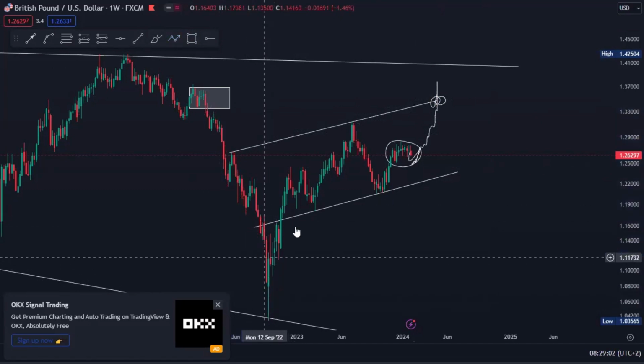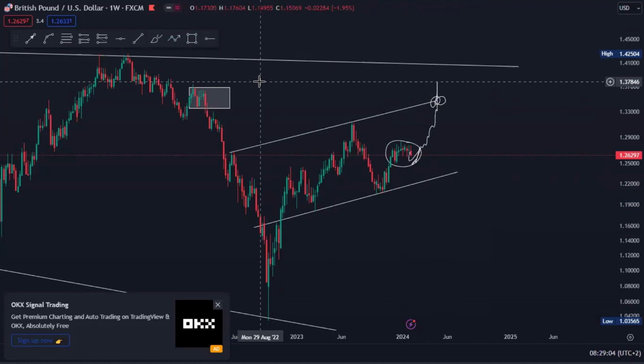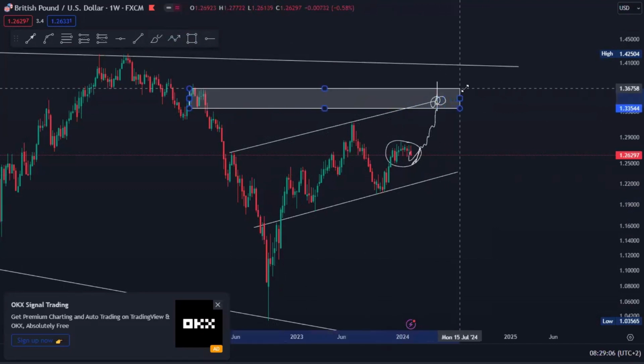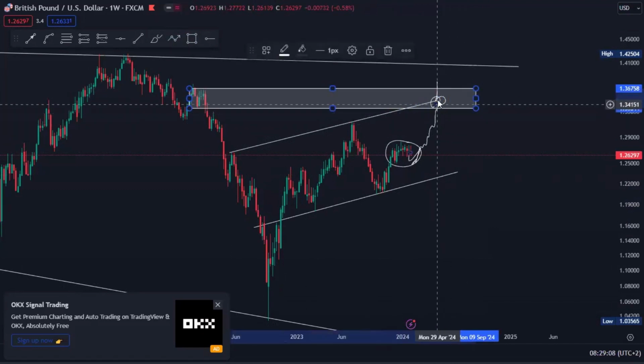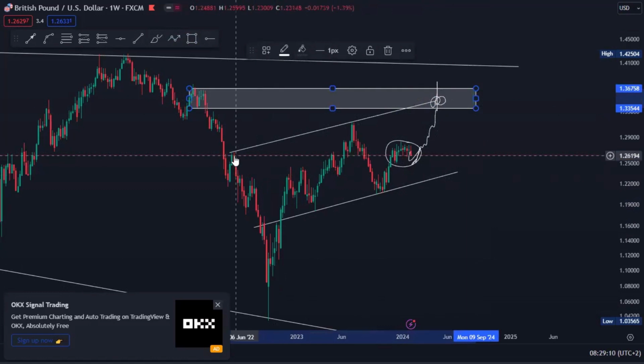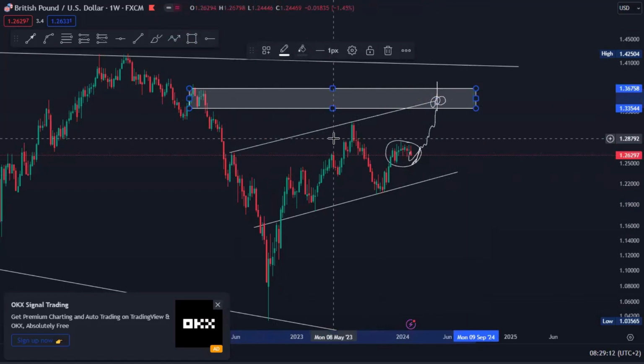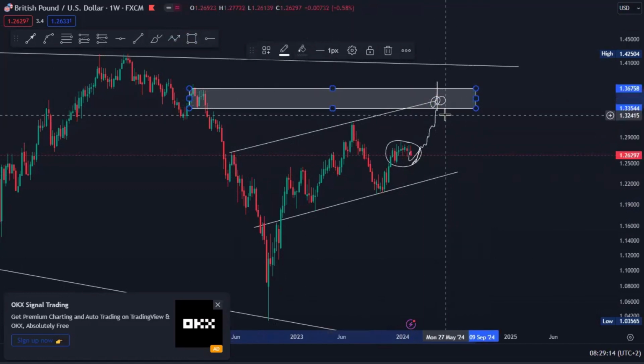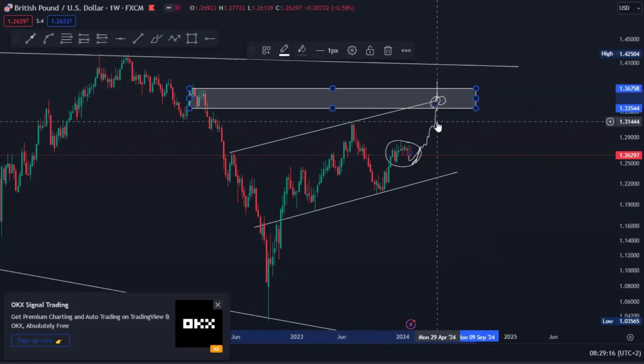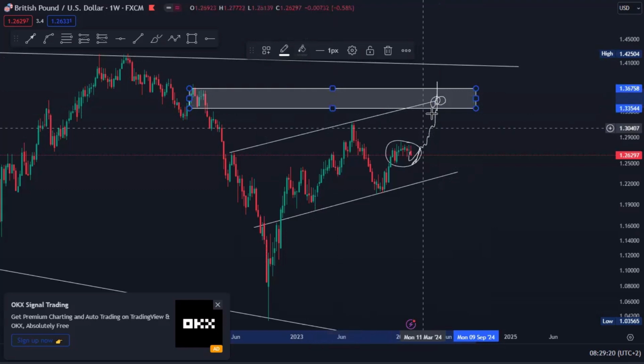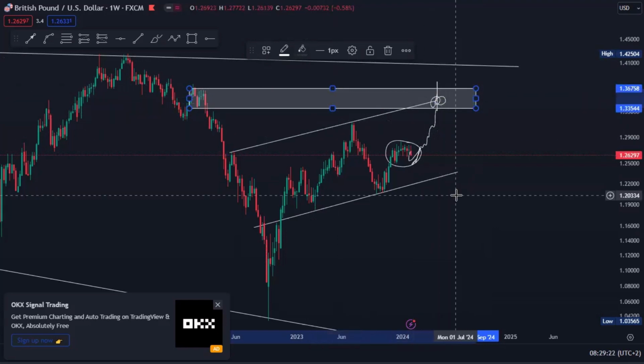Meaning when the market reaches this zone, it might come here, break out, and catch people on the wrong side of the market, thinking the market is now gonna go up, but the market just went up to this zone to get more power so that it can push back down.